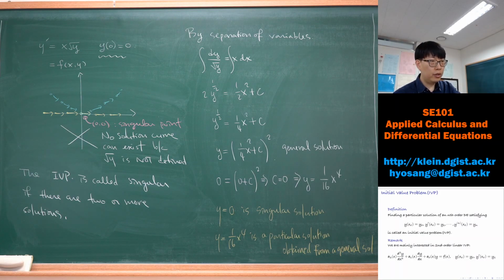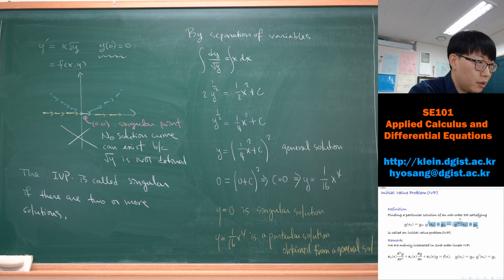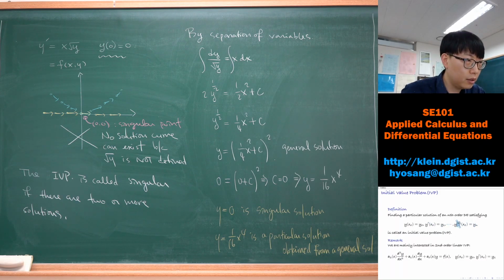And the nth order derivative of y at x0 equals yn. There's a typo, a serious typo. We have an nth order differential equation, so we need to have n equations. The initial condition runs up to the n minus 1th order derivative. So right here, that should be replaced with n minus 1.